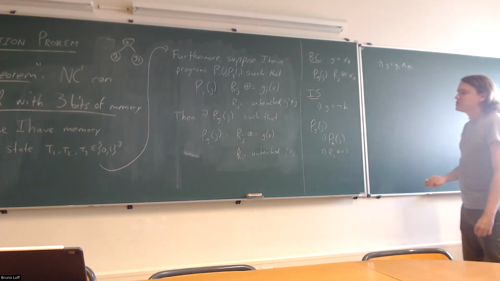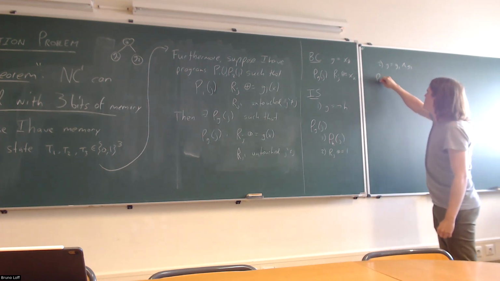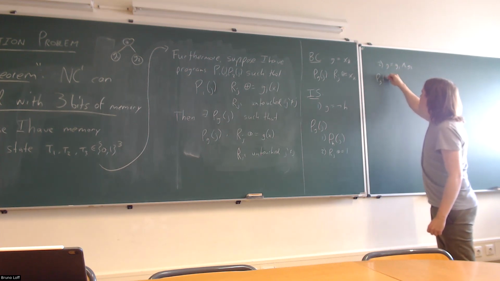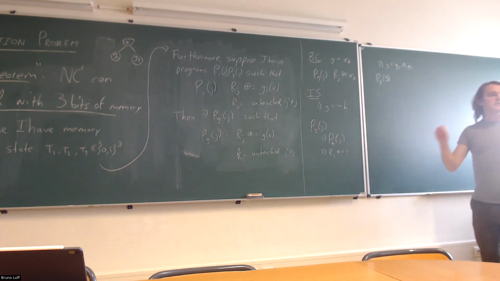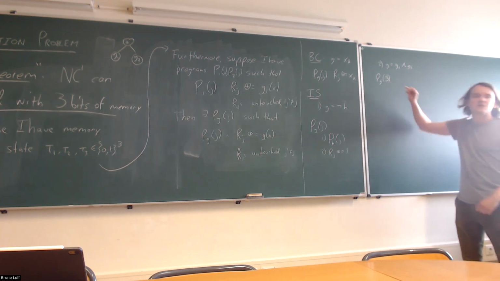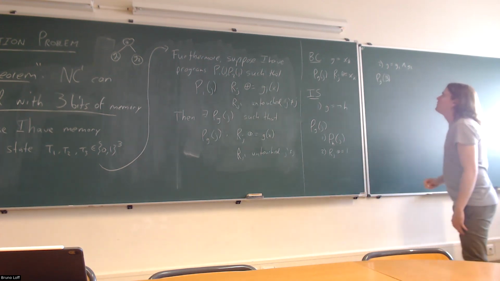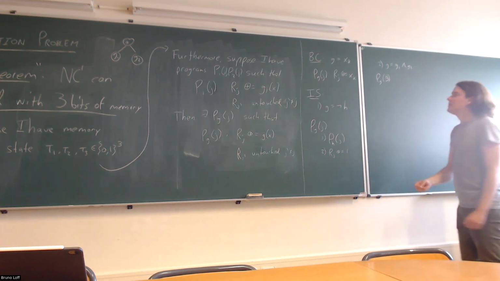Well, we've got 3 registers. I'm only going to do PG of 0, minus 3. Yeah, so I did 1, 2, 3. You can get all the rest of them by just changing the value of the registers. So I'm just going to do this one to make it clear what's going on. All right, well, I have 2 other registers and I need to get the product. So I'm going to do the obvious thing.